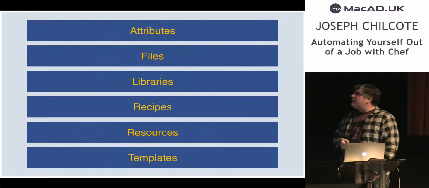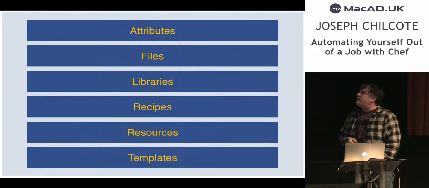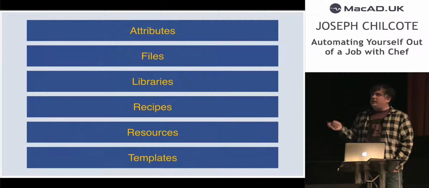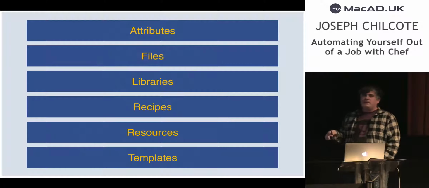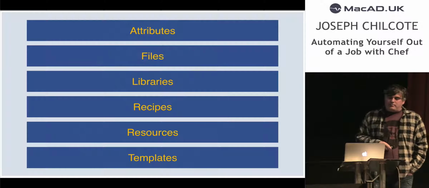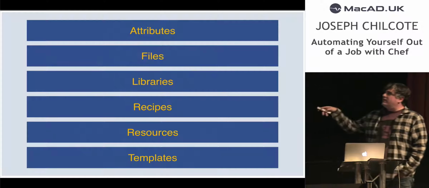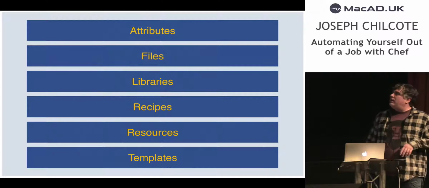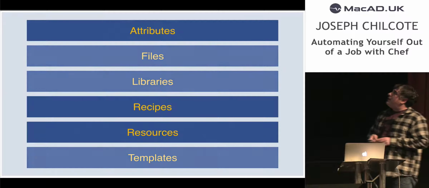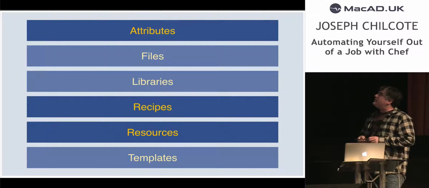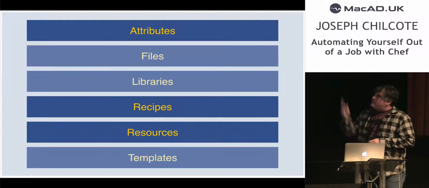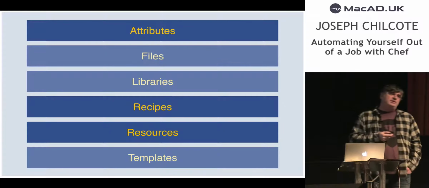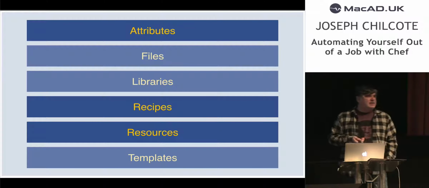So a Chef cookbook consists of some directories, and this is just a high level. I'm not really going to get into the nitty-gritty of Chef because it's not really relevant to the talk. But you can think of it as a series of directories, each of which contains a variety of files that do stuff, right? And we're really going to only worry about a couple of these for this talk. The attributes directory contains files that you can use to initialize settings that you want to apply.